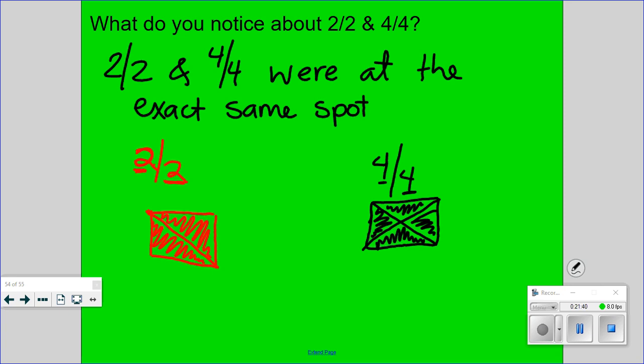We have a special name for these fractions. You've probably heard it before, but you might not have known. I'm going to put my equal sign. These fractions are called equivalent. Equivalent fractions.